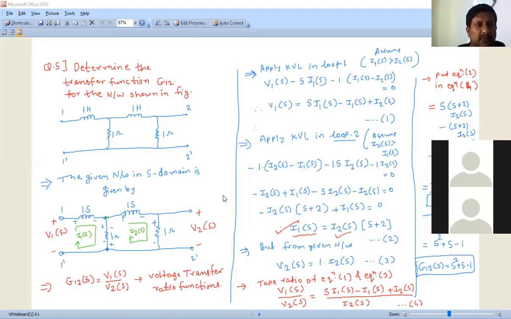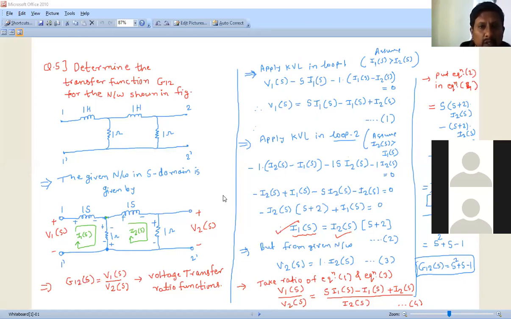So, in the previous lecture, we solved numerical examples based on determining the transfer function, driving point function, or we can say the network functions for a given network. We solved almost 5 examples on that point.